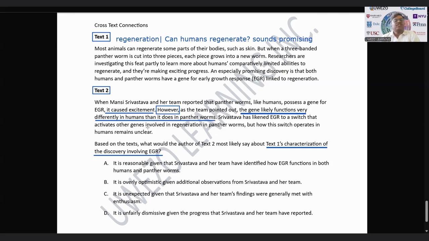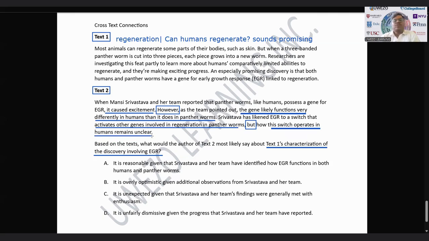So they have done the research and identified what the gene does. It activates other genes involved in regeneration. But how, again an important transition here, but how this switch operates in humans remains unclear. It means how the same thing works in humans, we do not have enough idea.